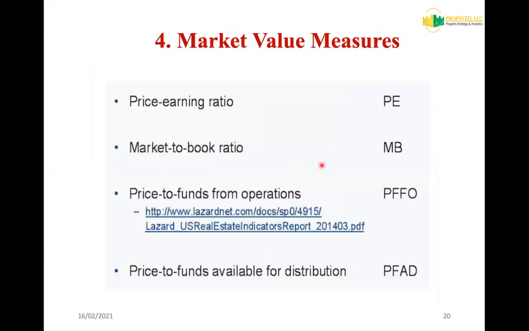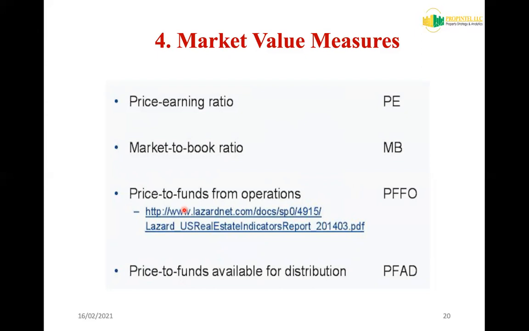And then the last category of financial ratios I want to look at is the market value measures. And here I would treat the first two, and I would ask you to do a bit of research about the last two ratios as you see here. So what are market value ratios?